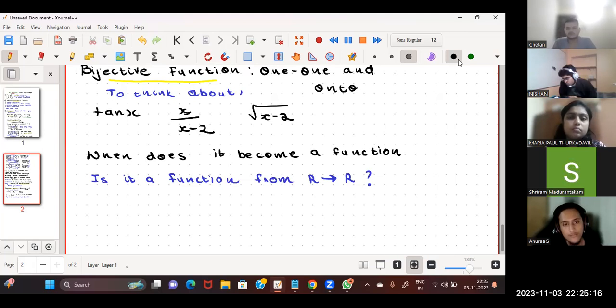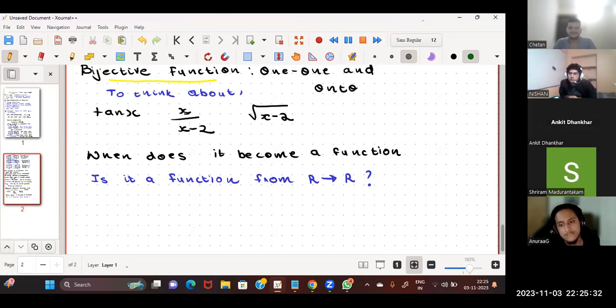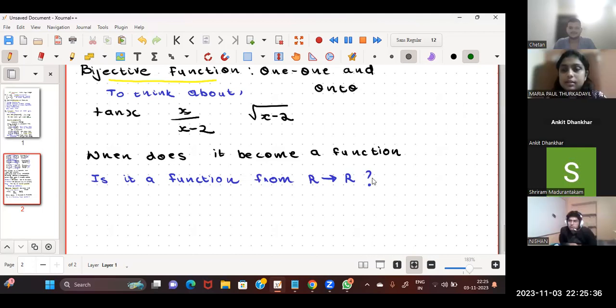But that's my question. I know where they are not defined. I know the answer. Are these functions? No, that's not a satisfactory answer, Shriram. Let me just try to answer the question. Is it a function from real numbers to real numbers? Yeah, these are functions from reals to reals. These are functions where the domain is reals and the codomain is reals.